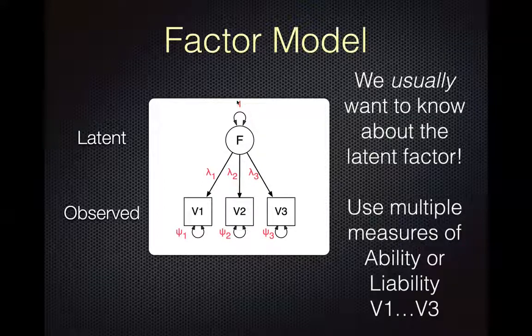So we can't actually estimate the variance of this latent factor if we estimate all of these factor loadings as well. And so one common solution to this under-identification problem is to just fix the scale of the latent factor to 1. And that's very broadly used in genetic studies, including studies of twins.